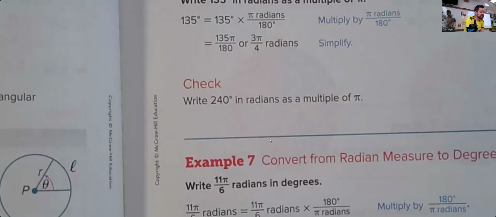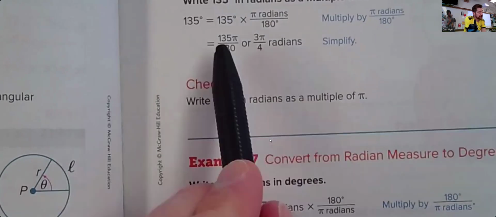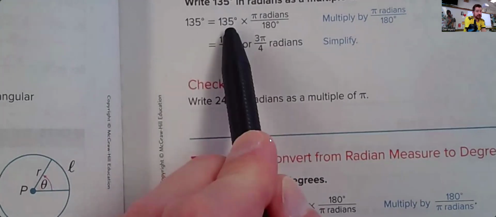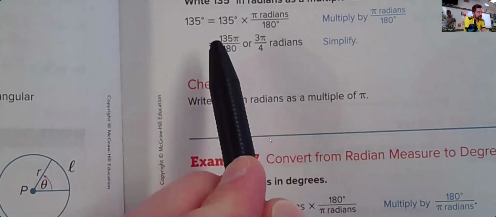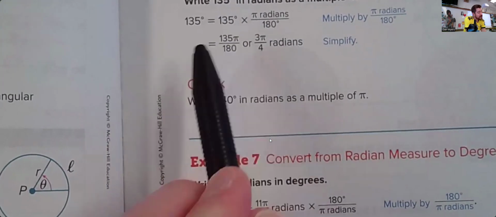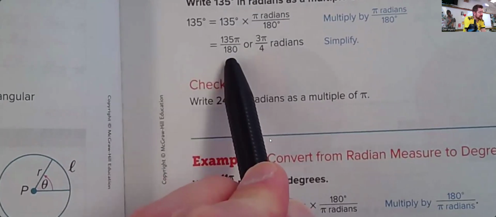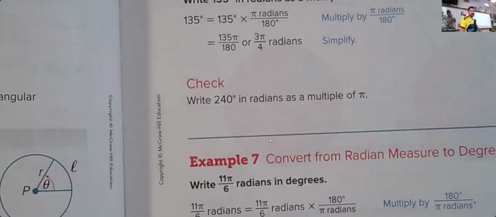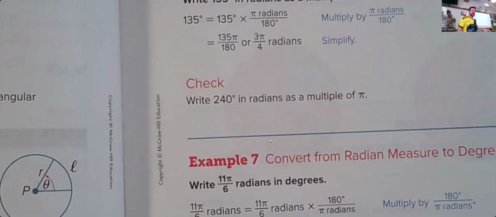And if you do that multiplication, that gives you 135 pi over 180. 135 is the numerator, multiplied by the numerator. 135 times pi is 135 pi. 135 over 180 is the fraction that you're dealing with. And so if you type that into your calculator, I don't know if it'll give you the exact answer. If you type in 135 pi over 180, it'll probably give you a decimal, I would imagine.